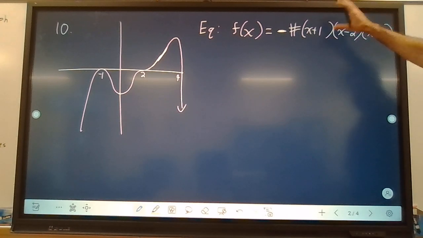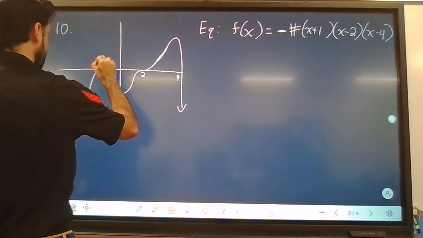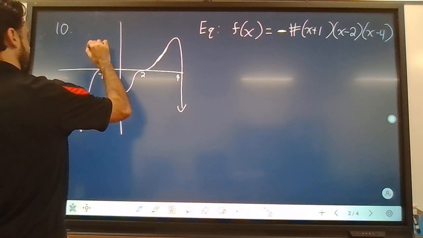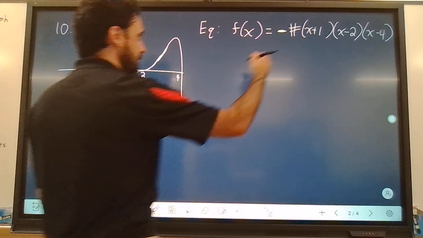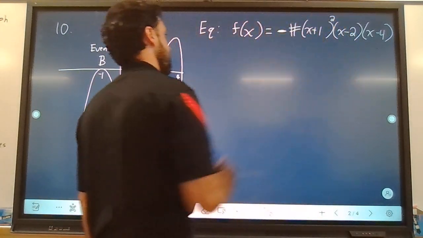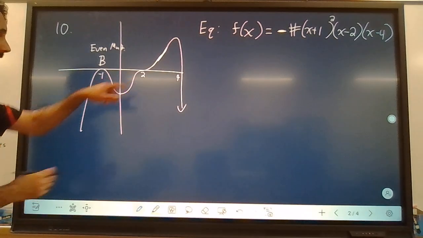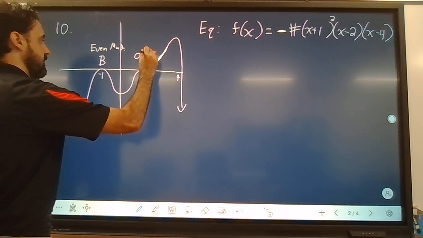Now the exponents. At -1, the graph bounces, and if it bounces, it's got to have an even multiplicity. It might be a 2, it might be a 4. I'm going to put a 2, but anything even would be fine. At x minus 2, it crosses, so it's got to have an odd multiplicity.